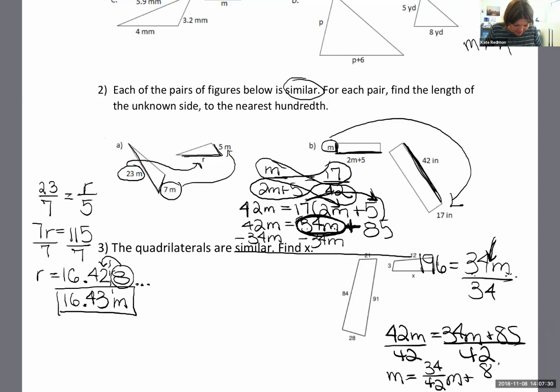These are not nice numbers. And it didn't make my life any easier. I still have m's on both sides. So it's totally legit and totally legal, but it's just messy and not wise. It doesn't get me where I wanted to go. So it would be better to get all the m's together first before you start dividing. It won't get all ugly and fraction and funky. Does that make sense? Yes.